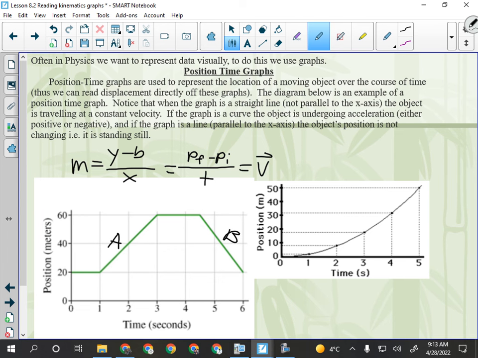How can we tell that? Well, remember, on the y-axis is how far the object's going to go. So in the first second, the object only went that far. But in the next second, it went further.